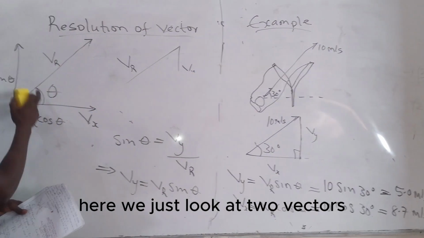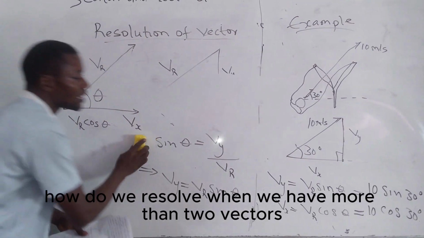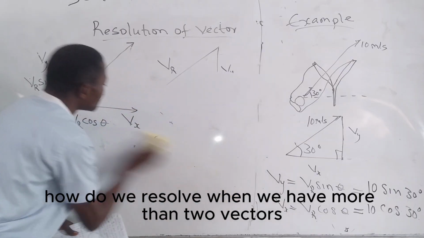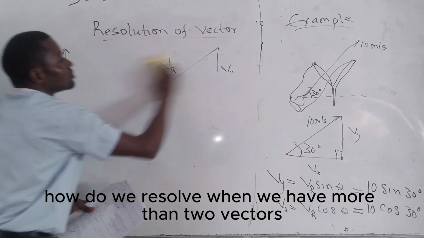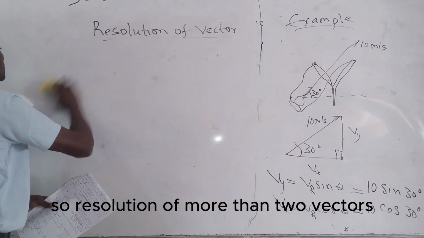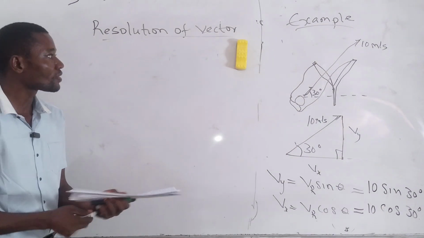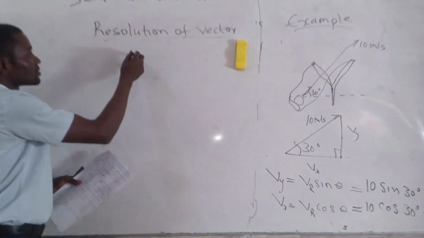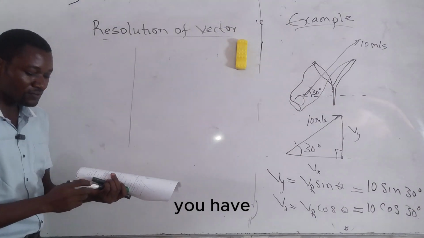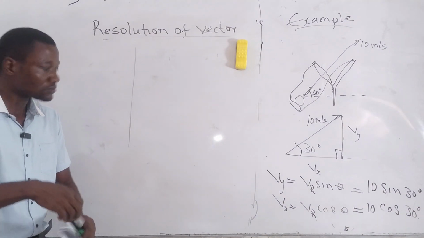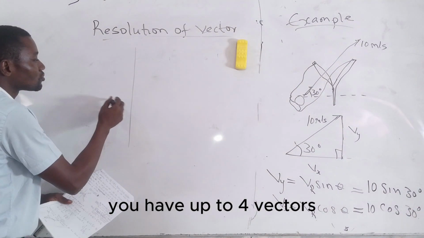Okay, the next thing we want to look at is resolution of more than two vectors. Here we just looked at two components. How do we resolve when we have more than two vectors? For instance, you have up to 4 vectors.